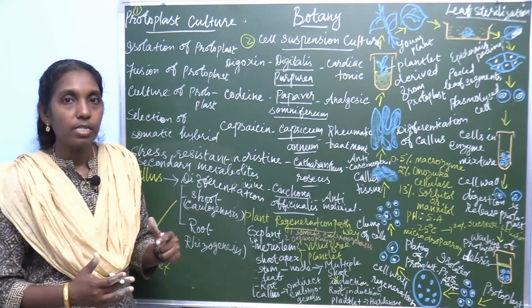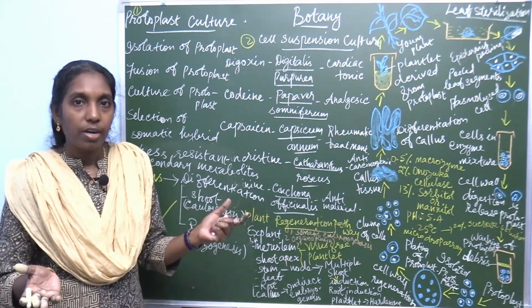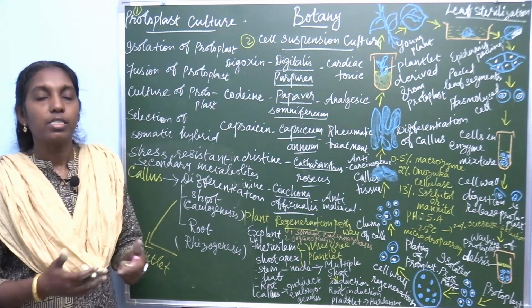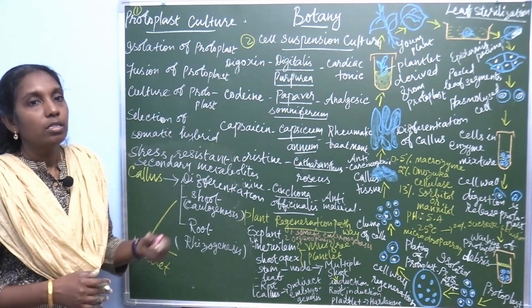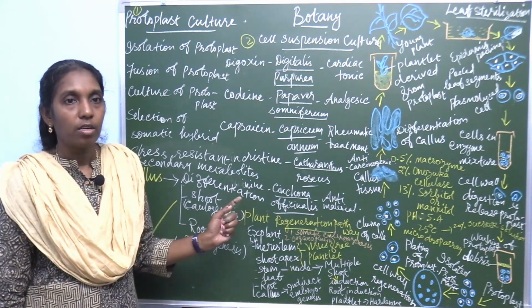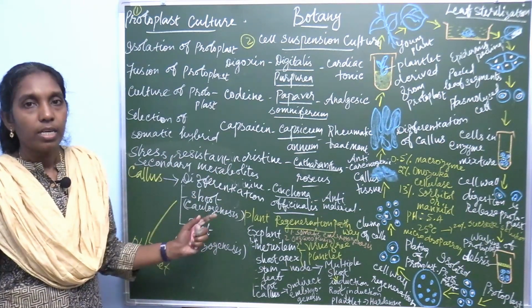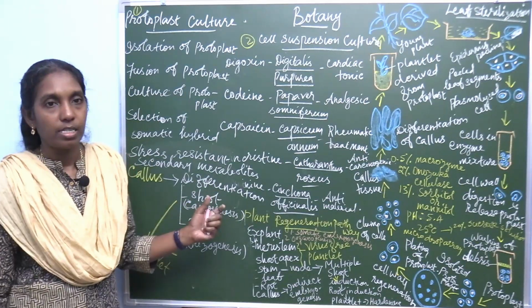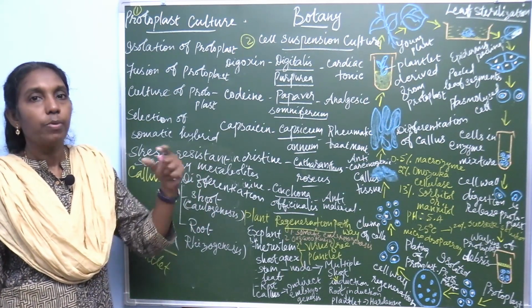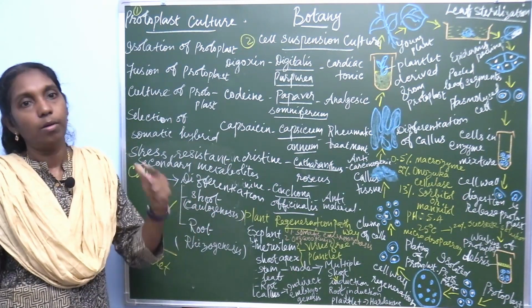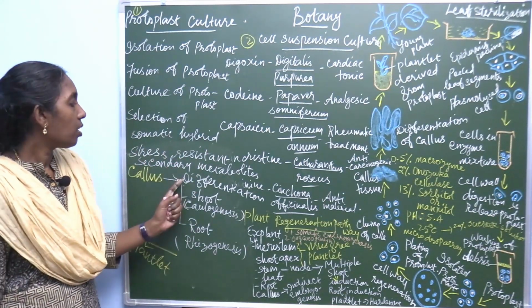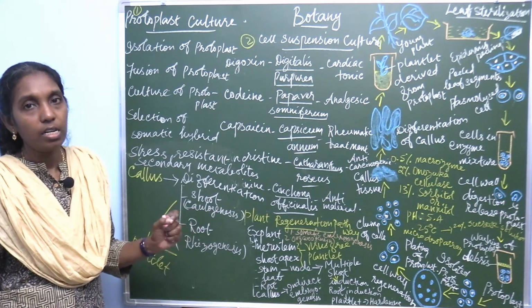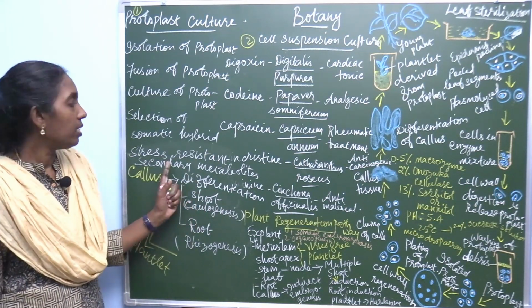What are the applications? Disease resistant varieties, virus resistant varieties, stress resistant varieties can be produced, and the somatic embryos or artificial seeds. The embryos are encapsulated, enclosed seeds, so these seeds are called synseeds or artificial seeds, and can be produced by this technique.